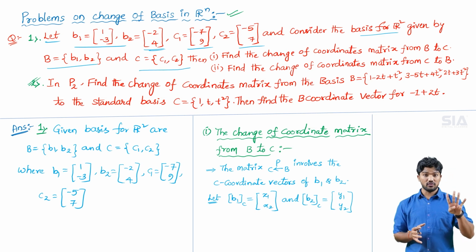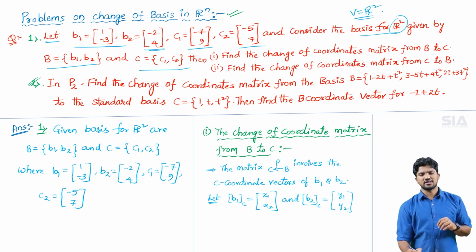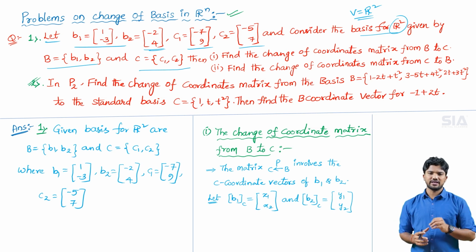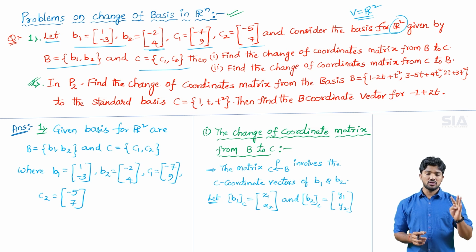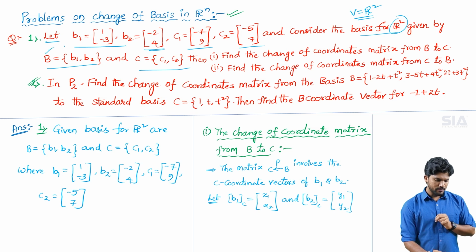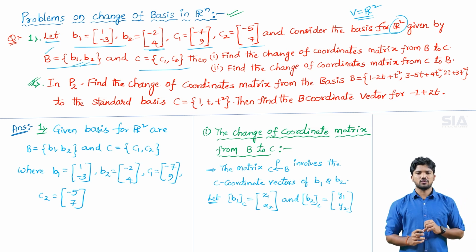So here we have 4 vectors in the vector space R2. Here capital V is equal to R2, the 2-dimensional Euclidean space. In that vector space we have 4 vectors B1, B2, C1, C2, corresponding to the 2 bases. Here capital B is B1, B2 and C is C1, C2.